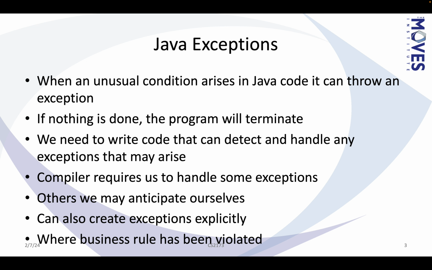One of the advantages of a compiled program, such as Java, over an interpreted program, such as Python or JavaScript, is that the compiler picks up many of these errors before you even get to run the program. So all syntax errors cannot exist in a running program.